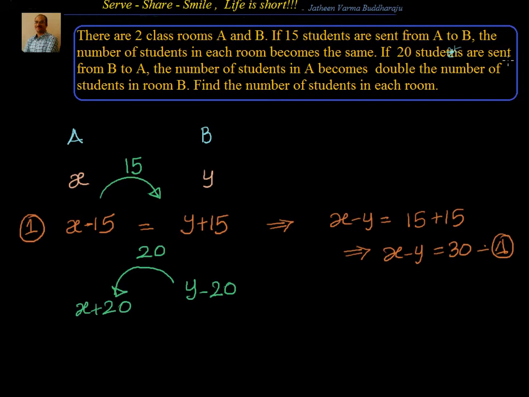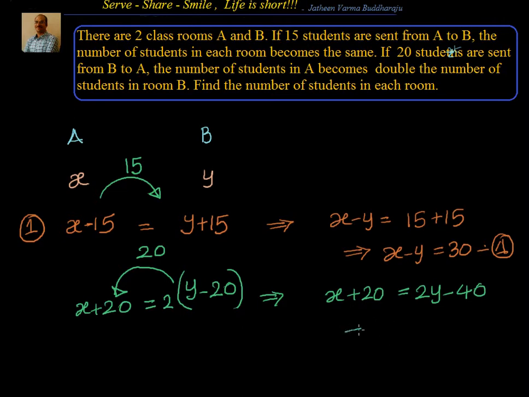Now what is the condition? When this scenario happens, the number of students in A becomes double the number of students in room B. That means X plus 20 equals 2 times Y minus 20, or 2Y minus 40.